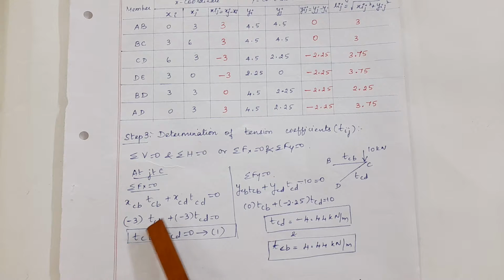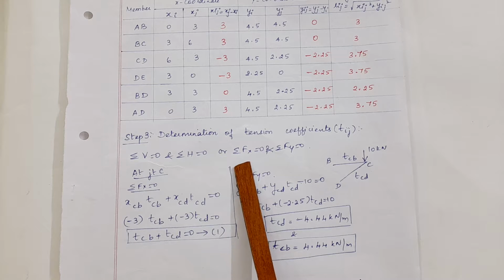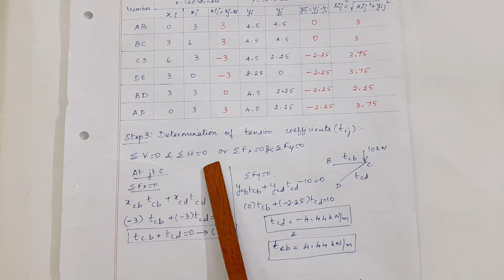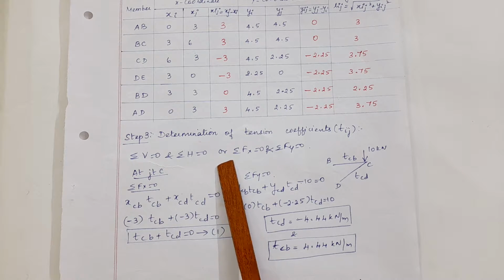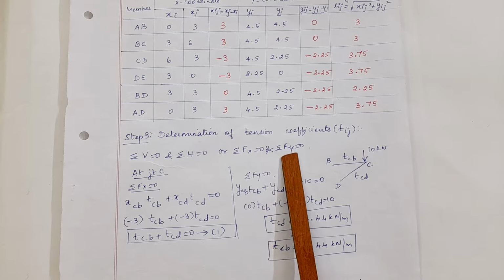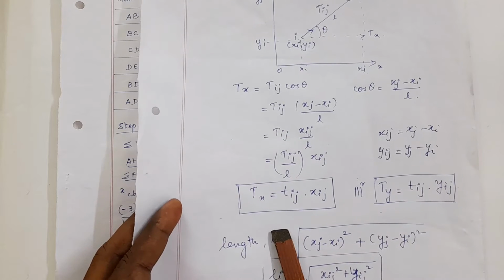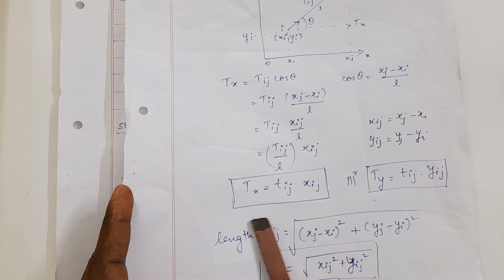So to find the tension coefficient, as told earlier, we make use of the equilibrium equation, sigma V equal to 0 and sigma H equal to 0, or in other terms, summation of all the horizontal forces is equal to 0 and summation of all the vertical forces is equal to 0. Tx is equal to Tij into Xij.